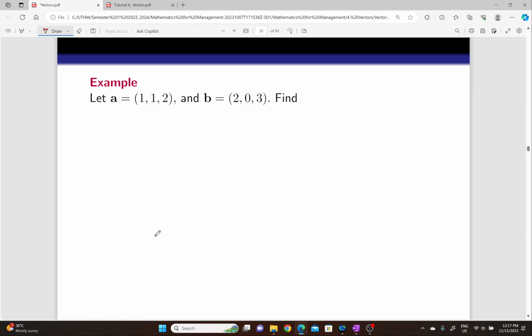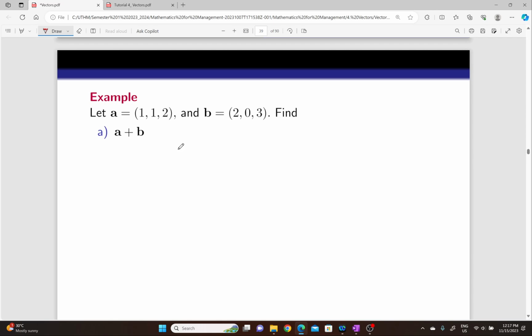Now here they have given you a vector 1 1 2. This is a vector. When I put A here, don't think it's a point. It's a vector. We are learning vectors. This is the notation we are using now. A plus B. So what do you do? You add this one plus this one.